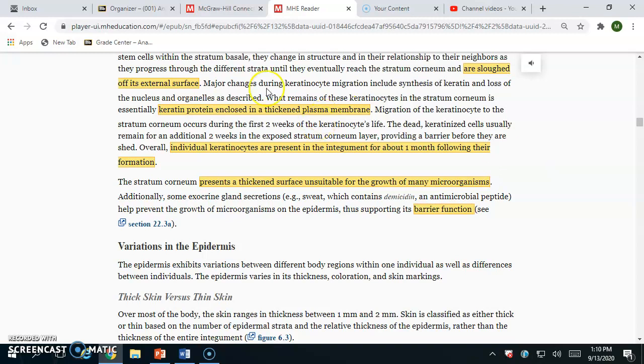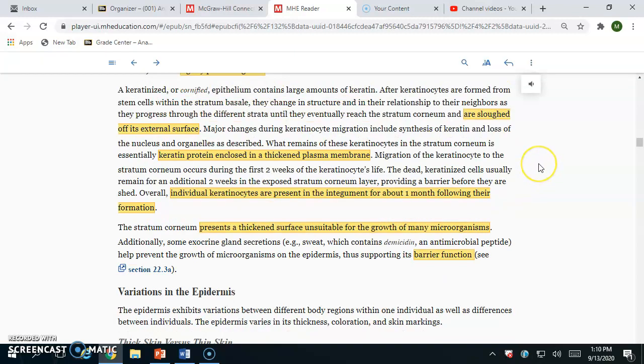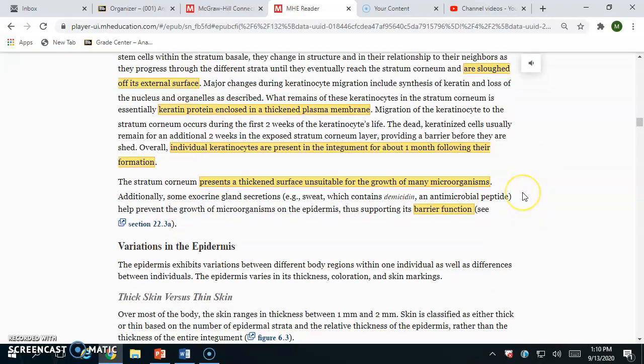All right, and remember that the function of the stratum corneum was mainly protection. It's providing a very formidable barrier. Very few things can get through intact skin and through the stratum corneum and make it into the body.